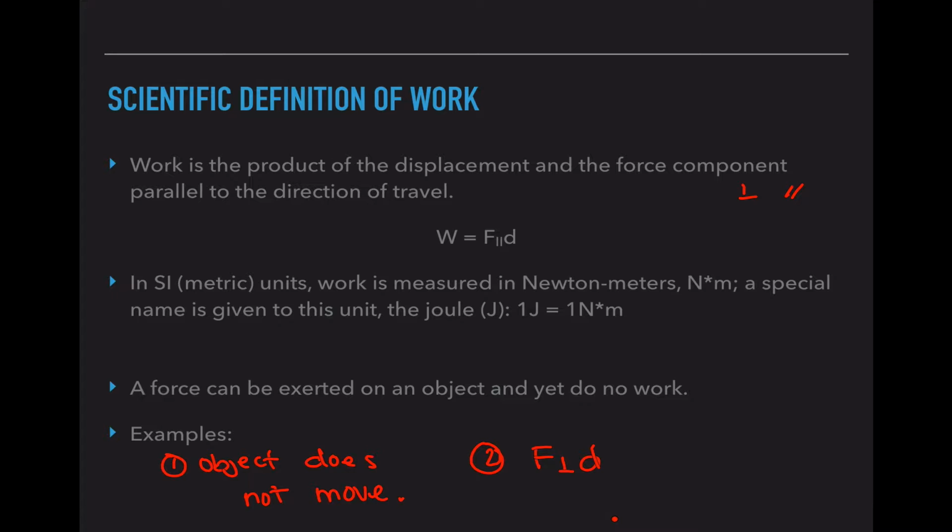If you lift that ice cream cone from in front of you to your mouth, then the force of the upward motion is parallel to the direction of motion up to your mouth. But if you're just holding it and walking forwards and backwards or left and right, your force to hold that ice cream cone is going up, but you're walking this way. So if the force is perpendicular to the distance, work still is not done.